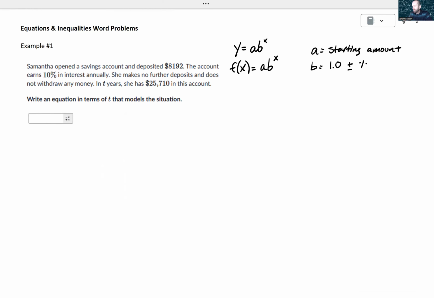And we write that as, instead of percent, B is 1 plus or minus r. So if B is 1 plus the percent, we call that growth. If B is 1 minus the percent, that's decay.